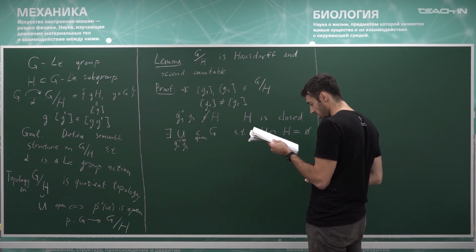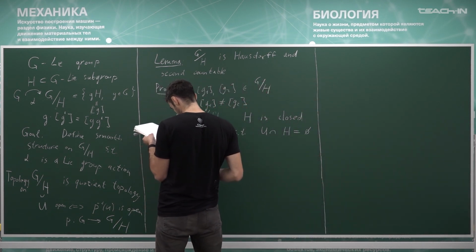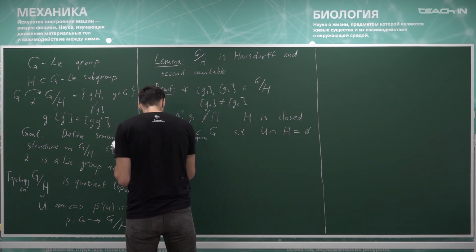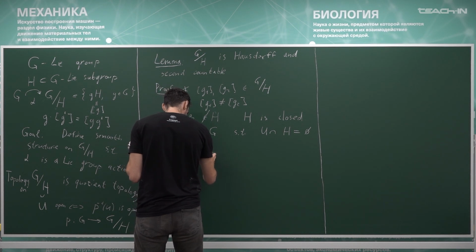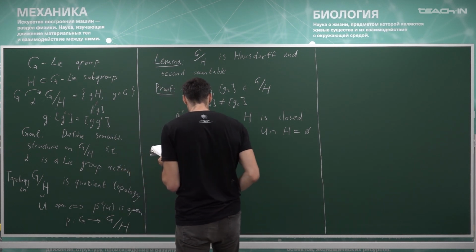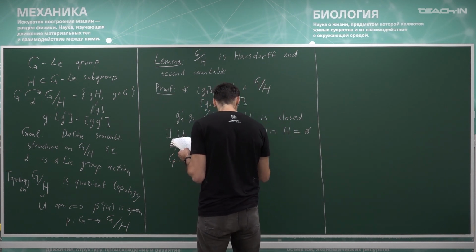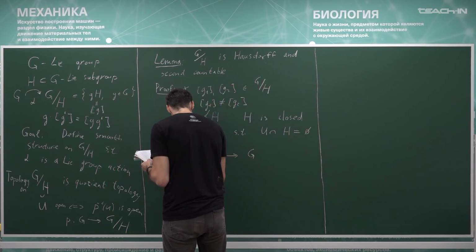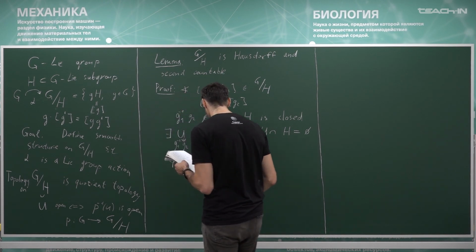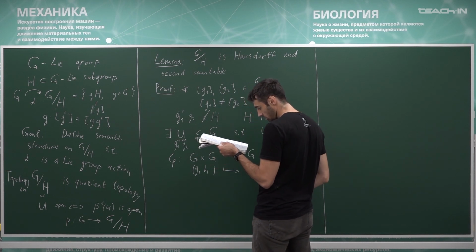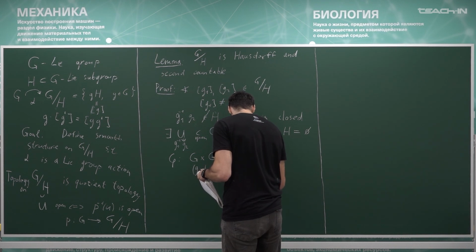Okay. So now let me consider this map phi. So this is a map from G times G to G, and this takes two elements, and I would like to invert the first one and multiply by the second one.